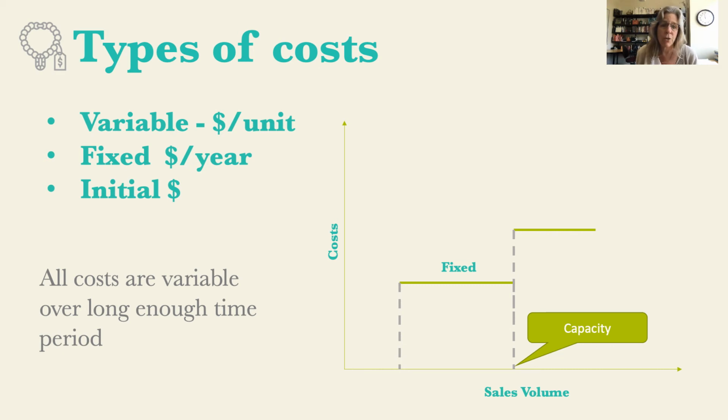Maybe we have to get another supervisor. So you can see that over time, if we lower the sales volume, we would lower the fixed cost, and if we increase sales volume, we'd increase it. But it's a kind of step function. If we come out far enough from this, it becomes a line, and we can consider all costs being variable over a particular period of time.